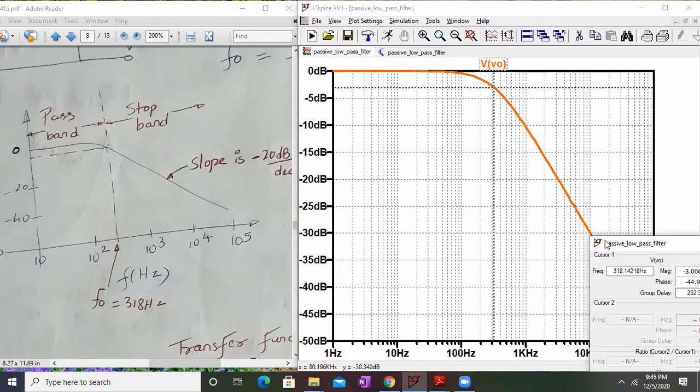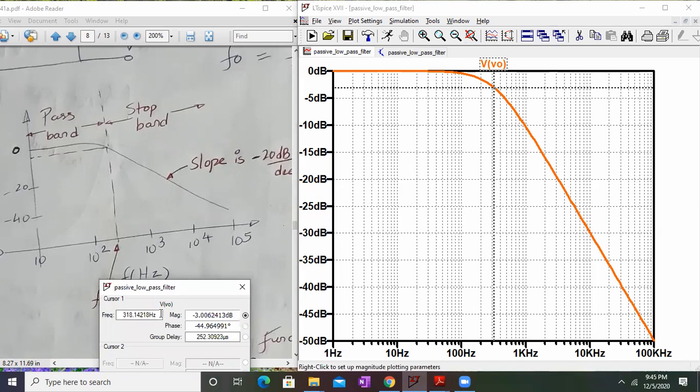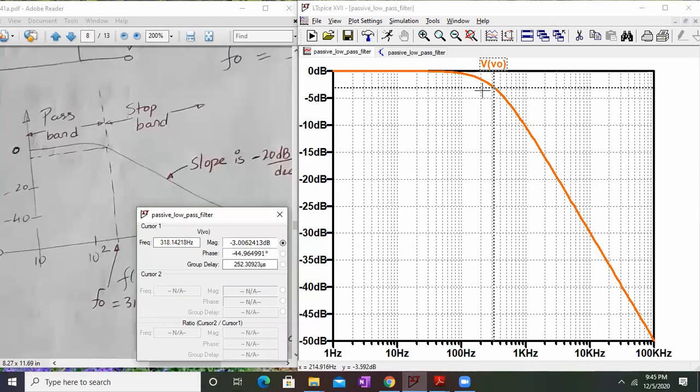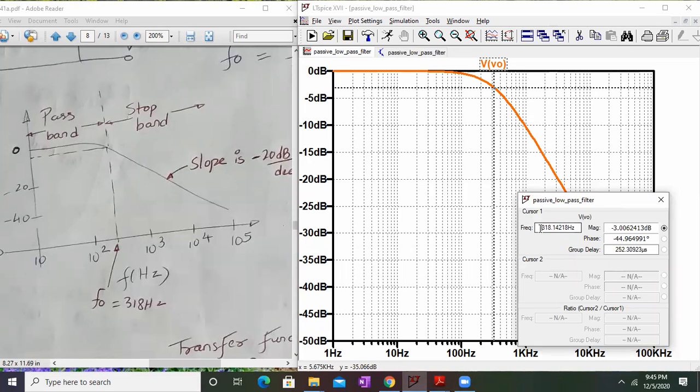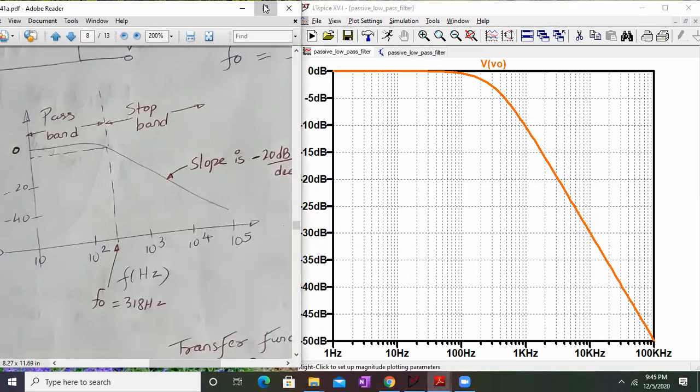And if you try to pass any frequency beyond this 318 hertz, it will reject it and the gain will keep on drastically falling down. That's a classic example of a low pass filter. It will pass all the low frequencies, and it will reject all the frequencies above 318 hertz. So this filter will pass all the frequencies up to 318.14 hertz.